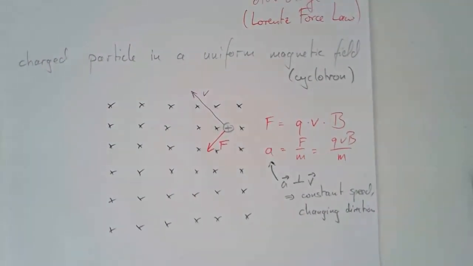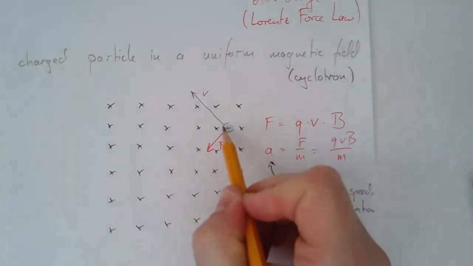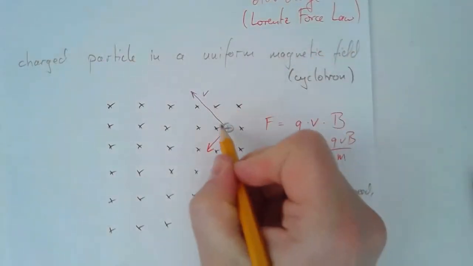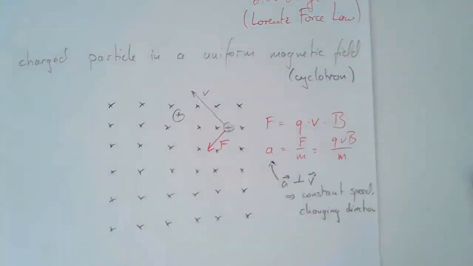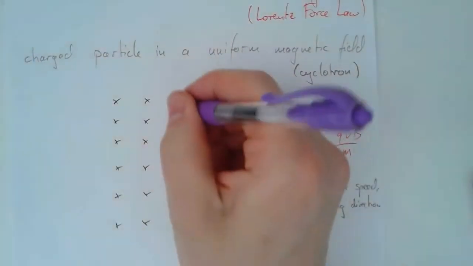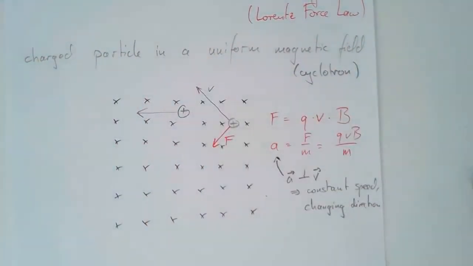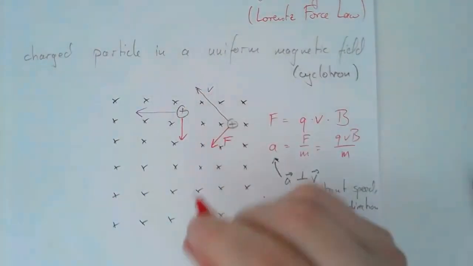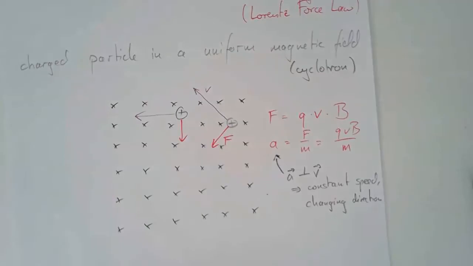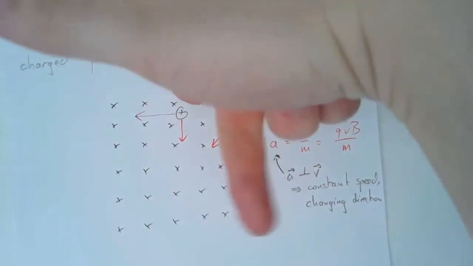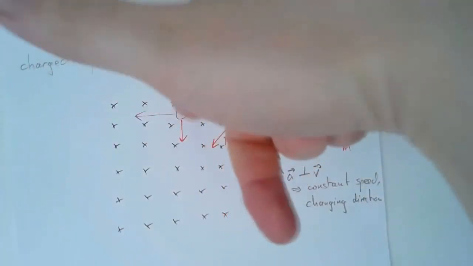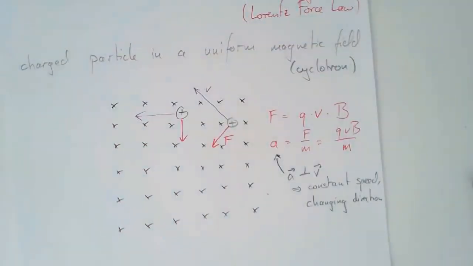Now that means a little bit later, the particle is going to experience acceleration this way. So you might find it somewhere over here, and then it would be going in this direction. If it's now going in this direction with the same speed, it's going to experience a force that's down by the same logic: thumb, field into page, force downwards on page.